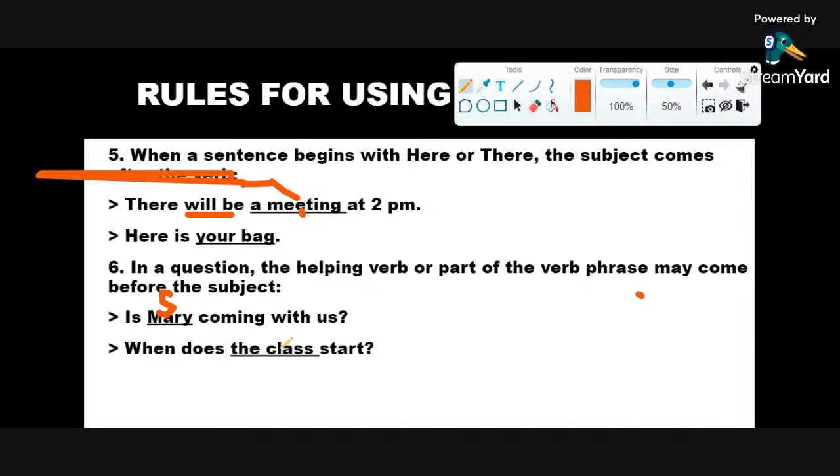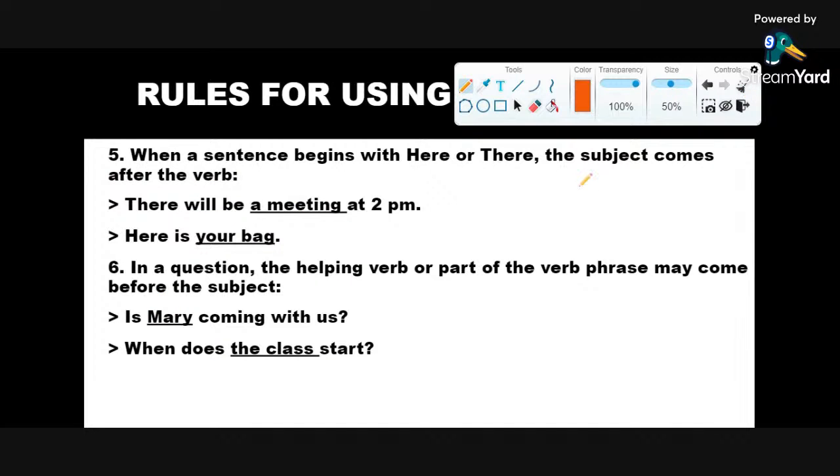When does the class start? So does, which is a verb, comes before the subject, the class. That is exactly what the rule is saying here.